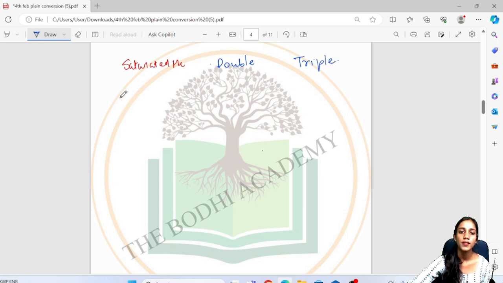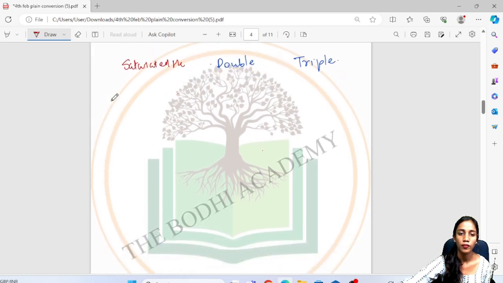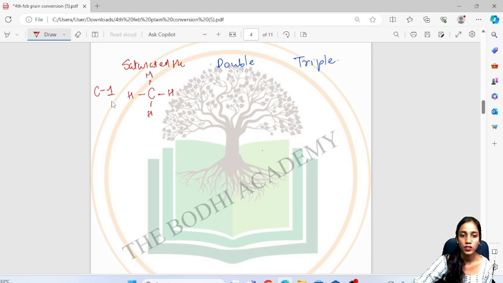Among the saturated, if C is 1, then there is only one C, so it can bond with four hydrogens: 1, 2, 3 and 4. Now we know that if C is 1, then the starting letters are METH, and for saturated there is no double bond, so the ending part is ANE. So the name of this compound is methane.